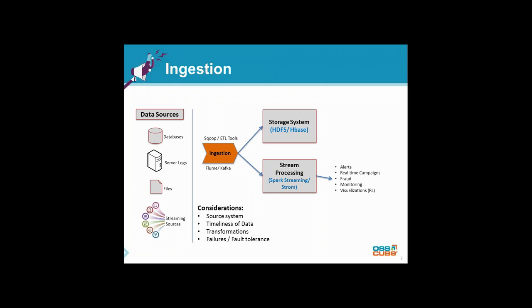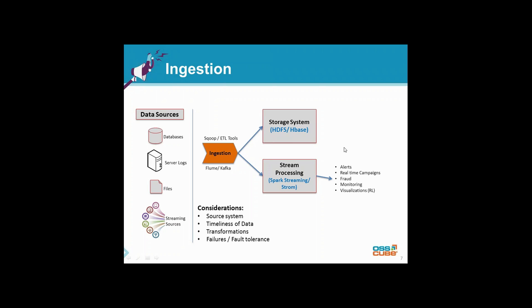The same event can be stored into HDFS, and maybe it can be transported to a stream processing engine, where it can process this event and generate relevant alerts or monitoring of the servers, or real-time visualizations, like a tool called Graphite, where you can plot the behavior in real time.